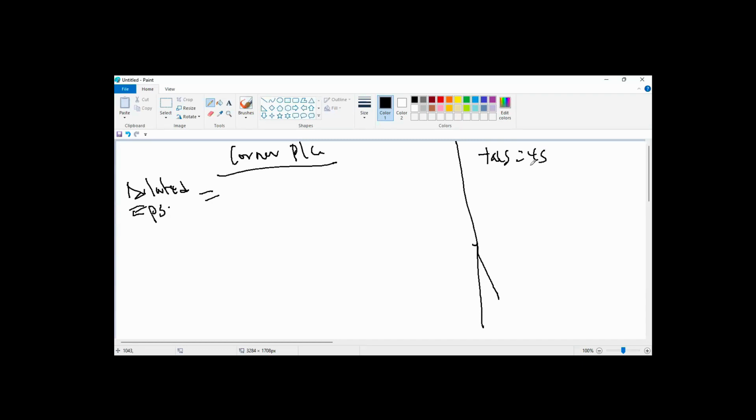The number of shares: $100,000 divided by 0.2 gives 1 million shares.